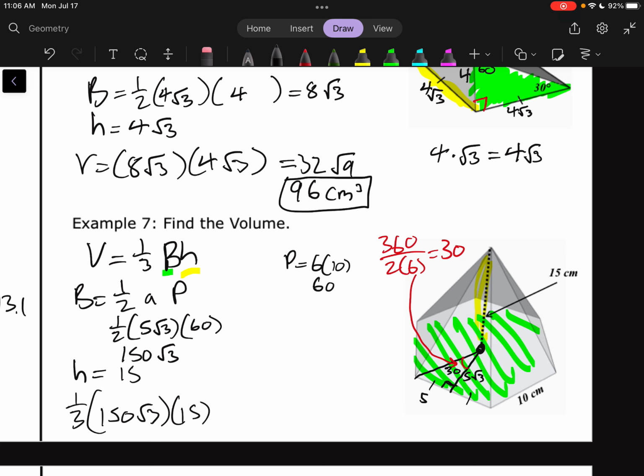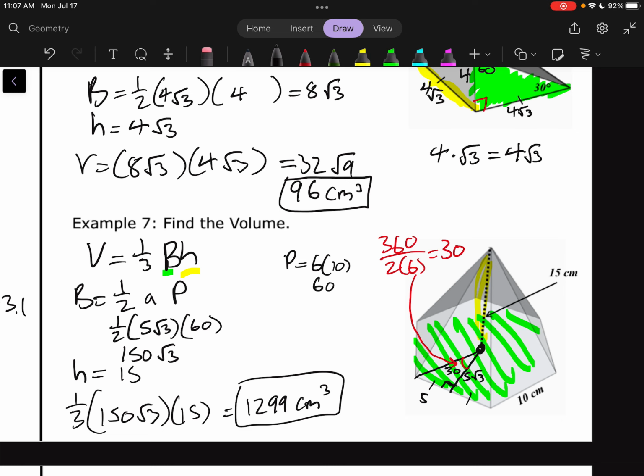I'm going to type that all in there. And I am getting 1,299 centimeters cubed. I'll round to 0.0 on that one.